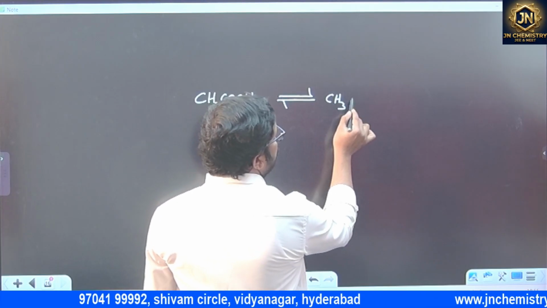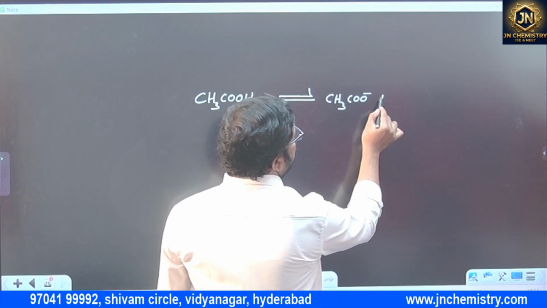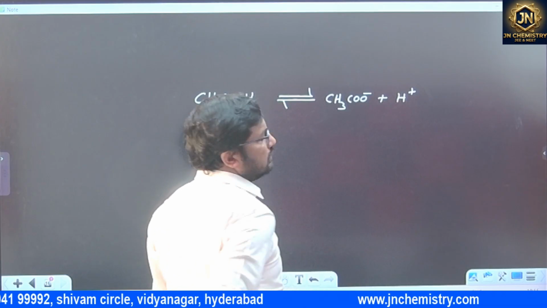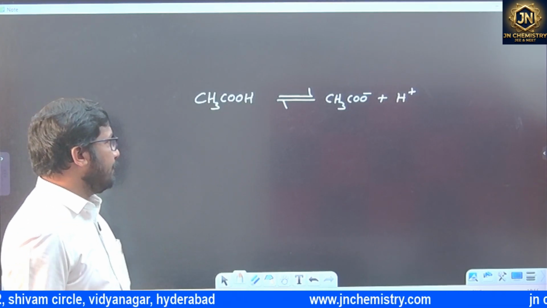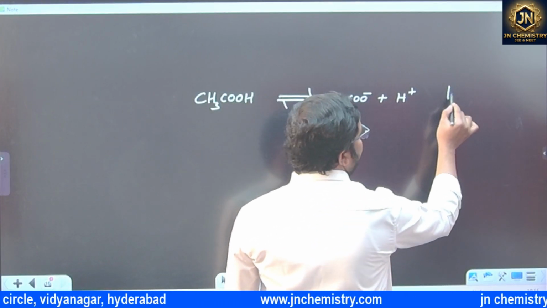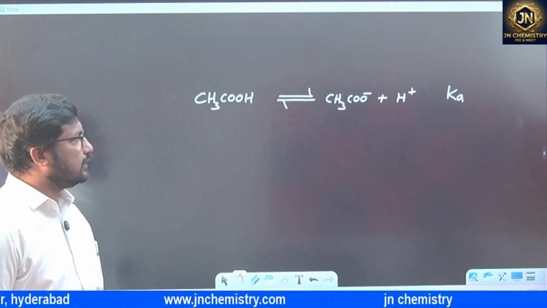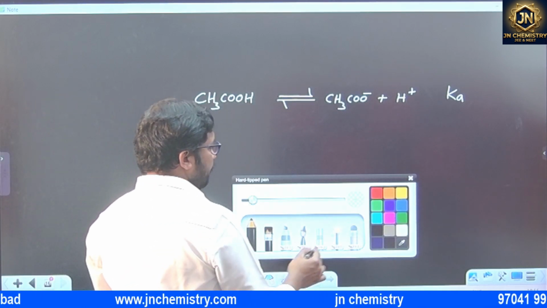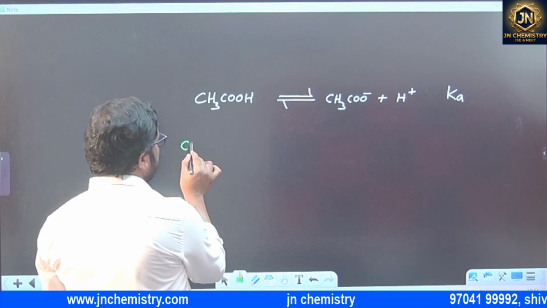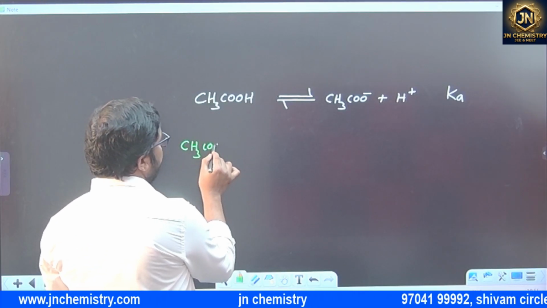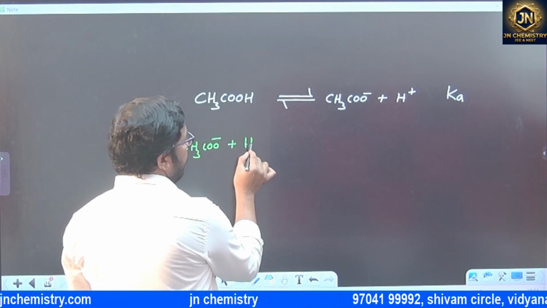CH3COO minus, H plus. Okay, so in this case, we'll write Ka, the acid dissociation constant. And I'm writing the CH3COO minus anion.